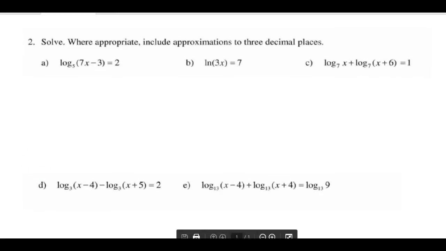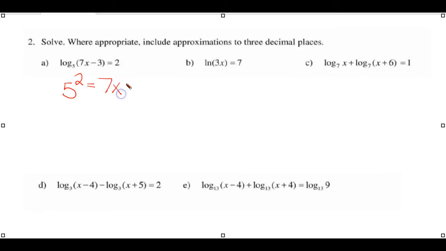So let's get started. I'll do this live with you. So our base is 5. Our exponent is 2. And this equals 7x minus 3. So this becomes 25 equals 7x minus 3.